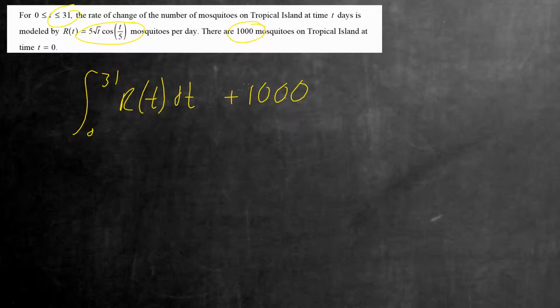We already discussed that at some time in there we were increasing. I would assume if I've got a cosine function that at some time it's also going to be decreasing. So plugging this into my calculator, and I think we want it to the nearest mosquito, we get 964 mosquitoes.